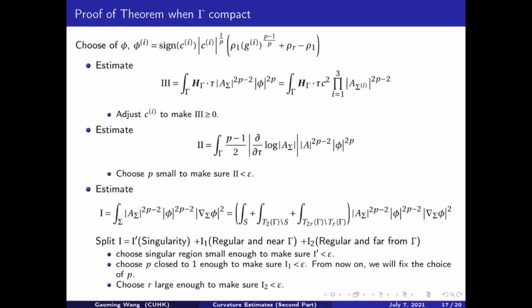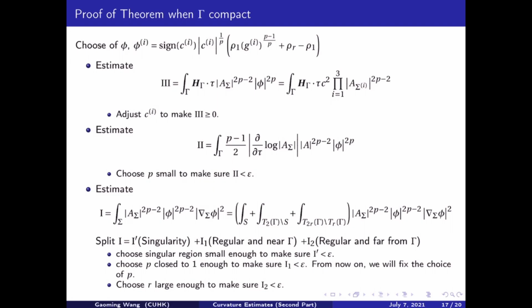Now let's estimate these three terms one by one. For the third term, we need to make sure it is positive. Note that we can write out this term without the cutoff function since it is on gamma. If this integration is less than 0, we can adjust the C_i to make sure it is non-negative.